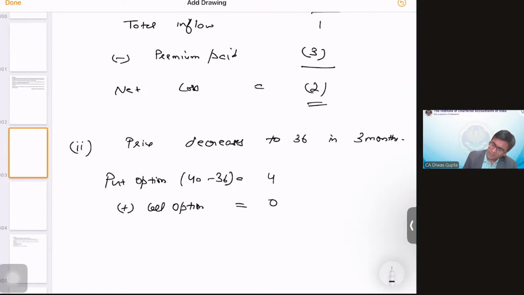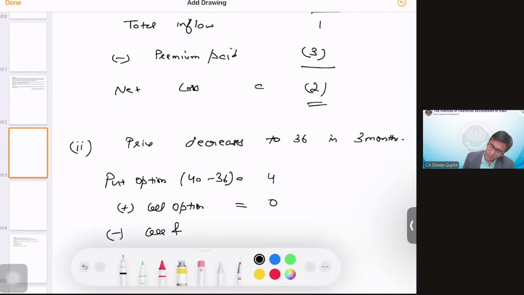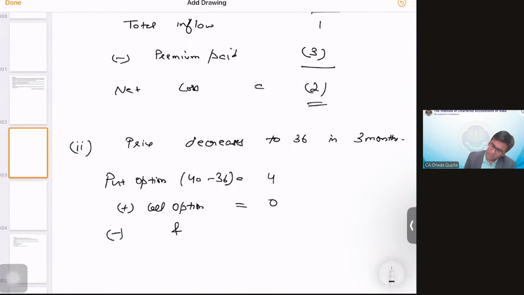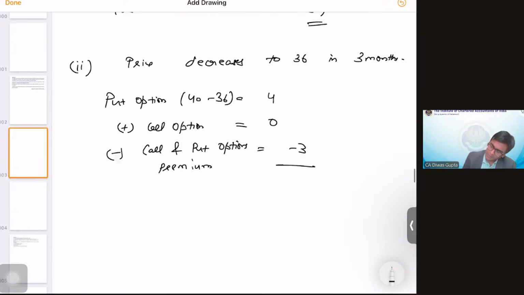Call option, nothing will be exercised. It will be 0, minus the call and put options premium, which needs to be deducted as minus 3. So net plus 1 will be the net gain, students.